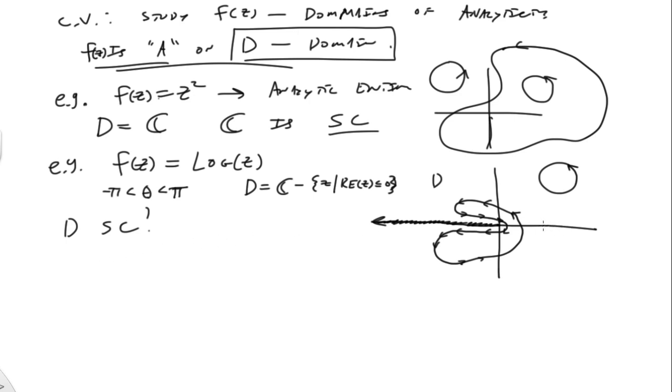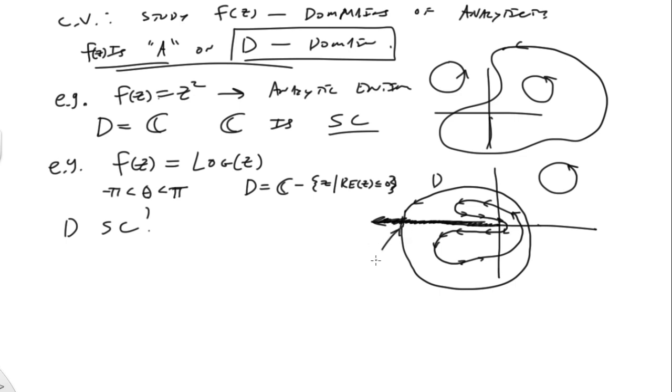The only points that are not in D are, of course, this axis here. If I draw a big loop that goes around like that, in order to enclose these points, I have to actually connect that curve like that.